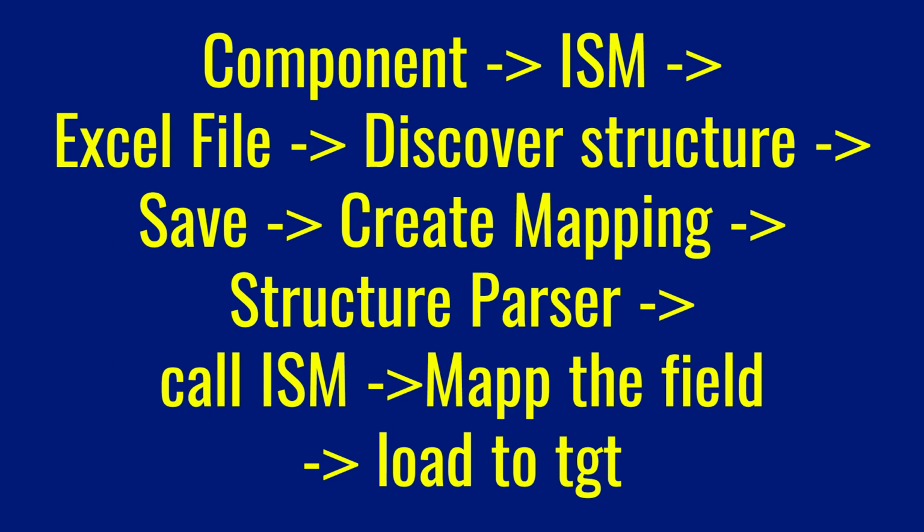Then we should use that mapping, and in that mapping call the structure parser transformation. There we should call the ISM, the intelligent structure model. The respective Excel file where you are located, that file you should call in the structure parser transformation. With the help of that, we can load the Excel file to the target.